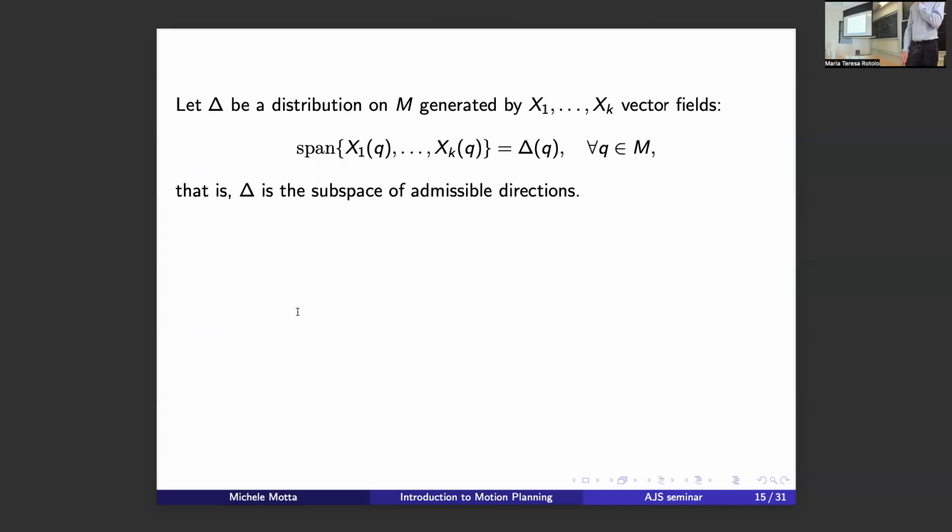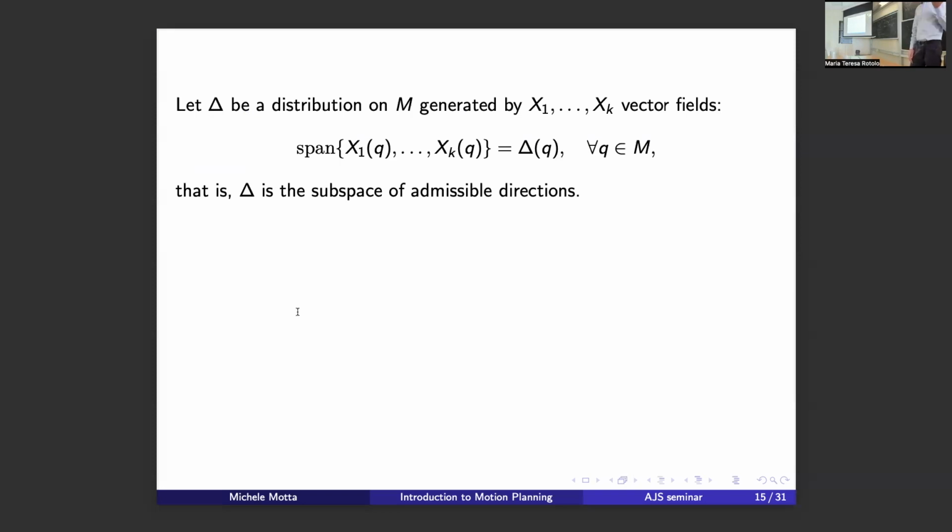New setting: we have a smooth manifold, which will be our state space. It describes the state of our system, and at each point of the manifold we have some directions which are admissible, and so we can move along these vector fields.